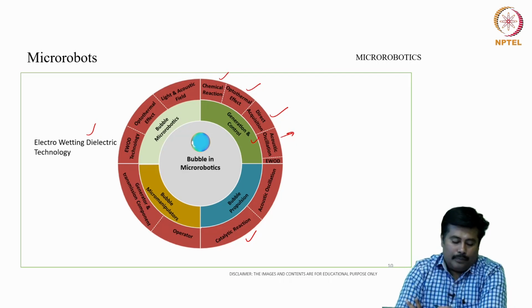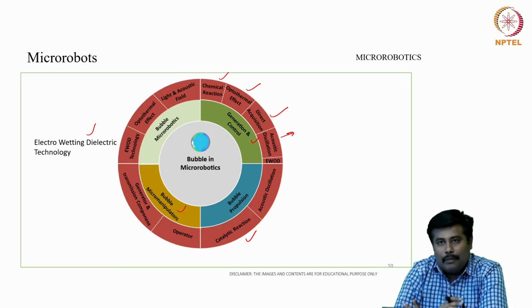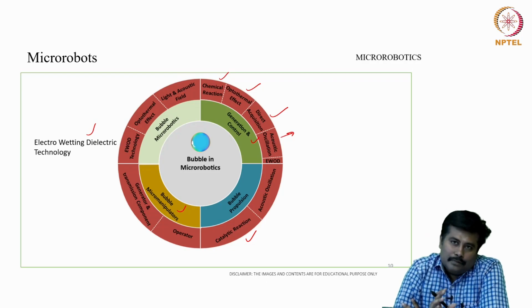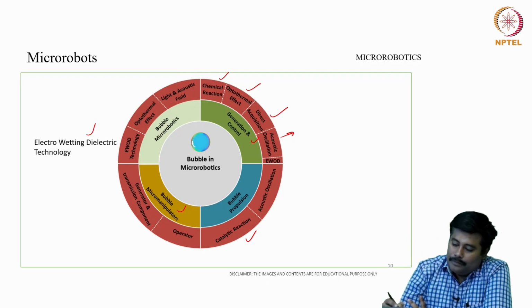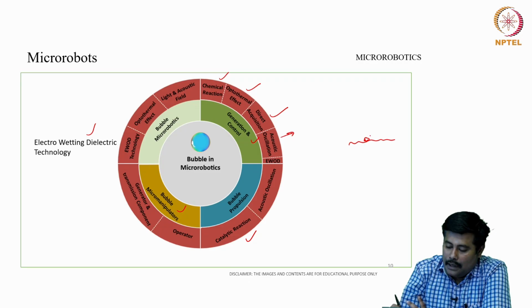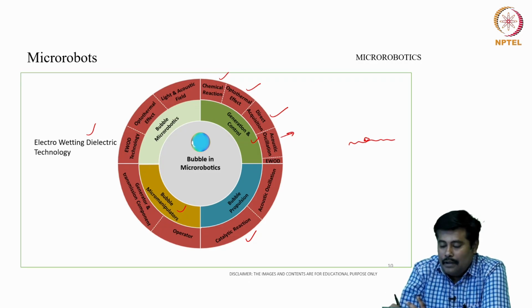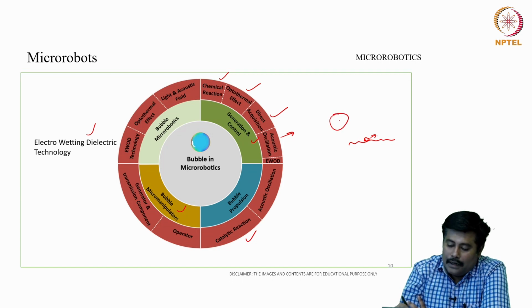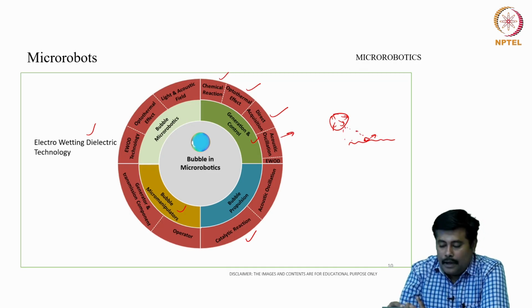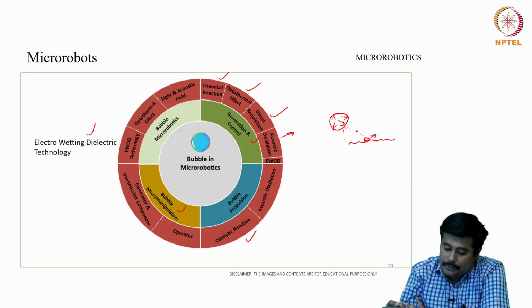The next important aspect is the bubble micro manipulator. The main function of this bubble micro manipulator is like this: for example, if there is a domain and there is some debris available, and I want to manipulate this debris, I can generate continuous bubbles, and through these bubbles there will be a dispersion, or pressure which comes out of it.